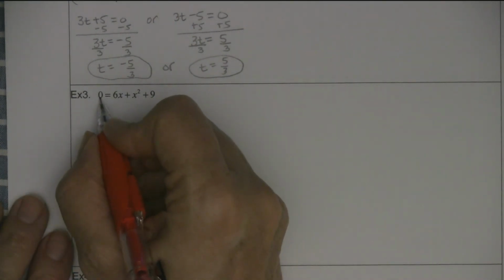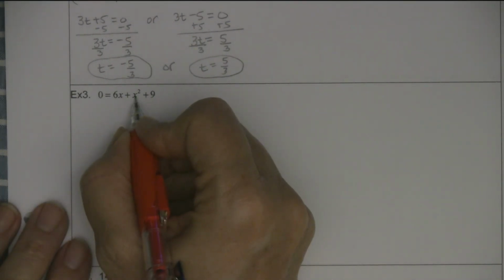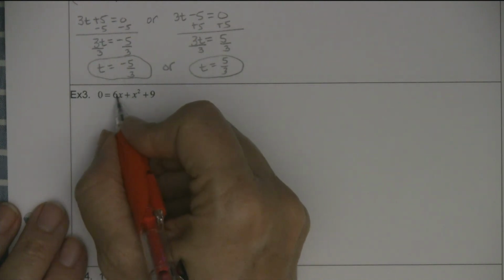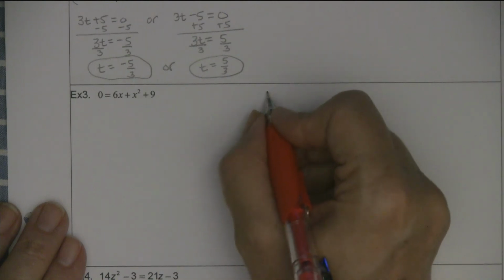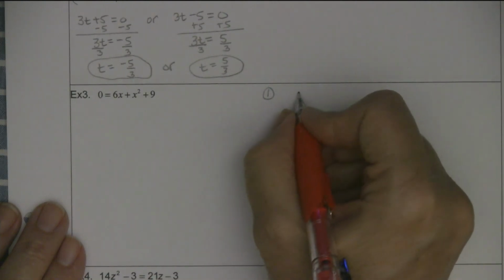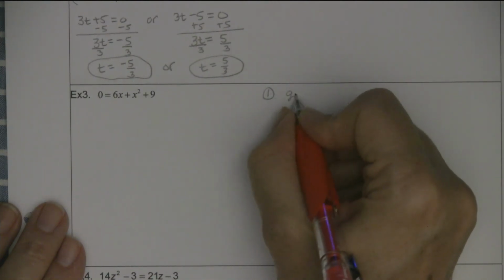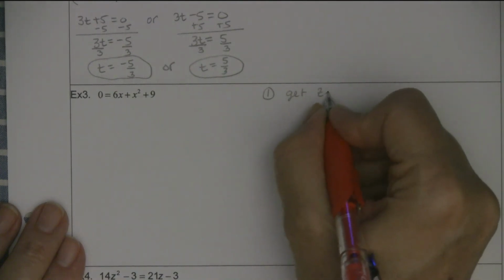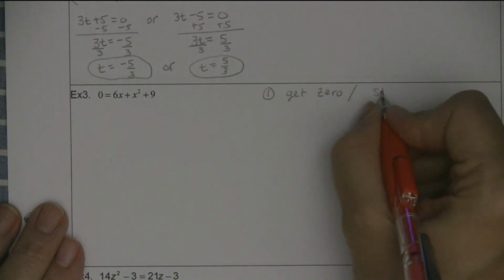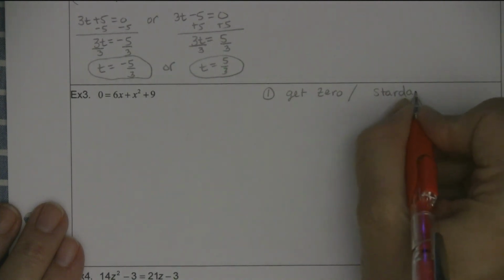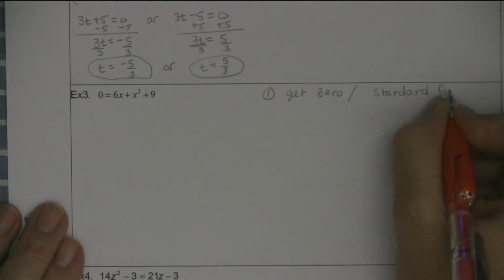Got 0 on one side, and I see that it's quadratic. So I'm like, okay, hot diggity dog, but this needs to be in descending order so that I can do the second step, which is factor it. So the first step is get 0 on one side. And actually, they also kind of said put it in standard form, and standard form is descending order.